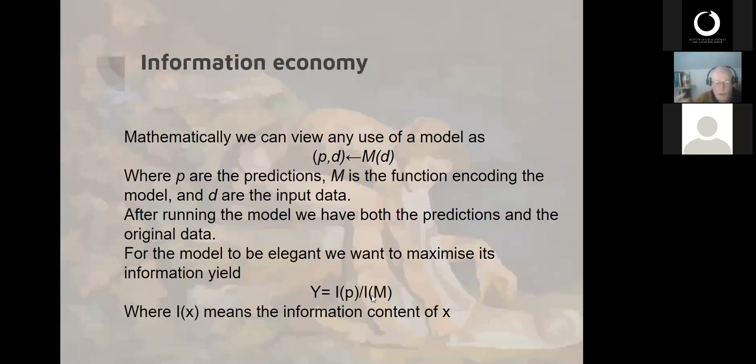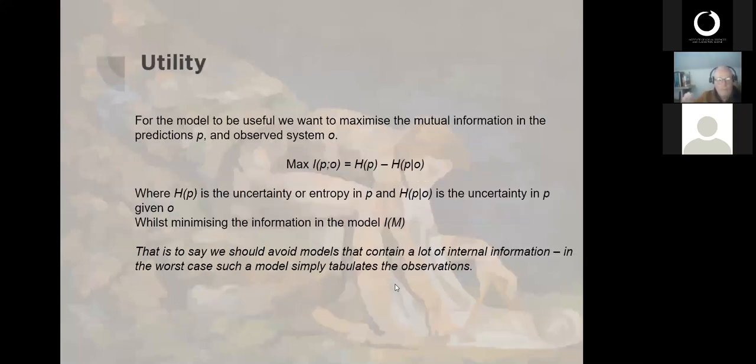You want to produce as much information in your predictions with the minimum information in the model. If you have more information in the model than in the predictions, then it's worse than useless. It's throwing information away. For it to be useful, we want to do more than that.